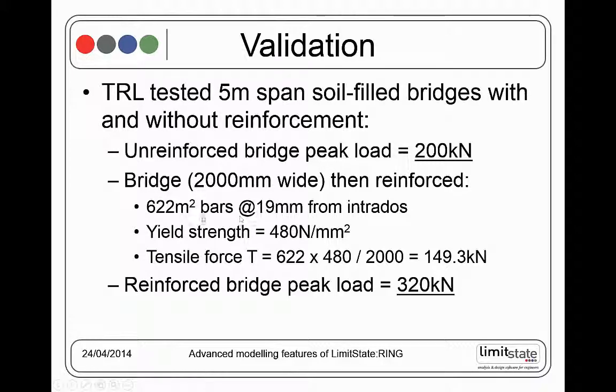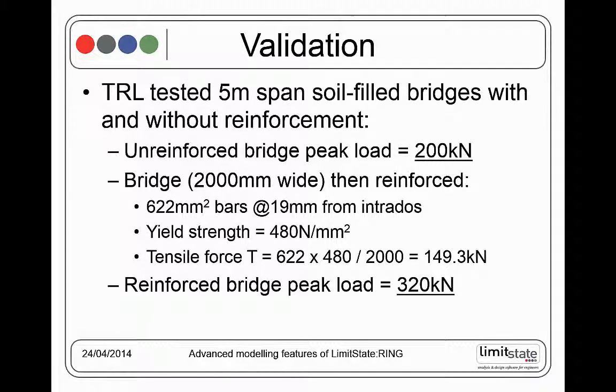We've got a slight misprint there, I should say 6 by 22 millimeters, 12 millimeters bar at 19 millimeters from the intrados, and yield strength 480, and that gives us effectively a tensile force of 149 kilonewtons at each cross section.